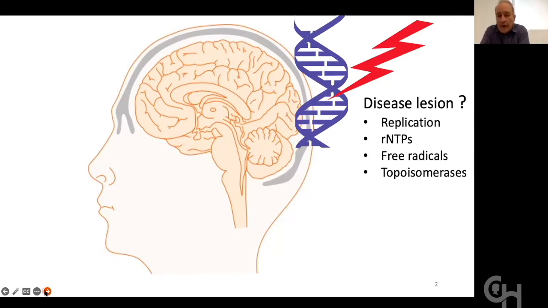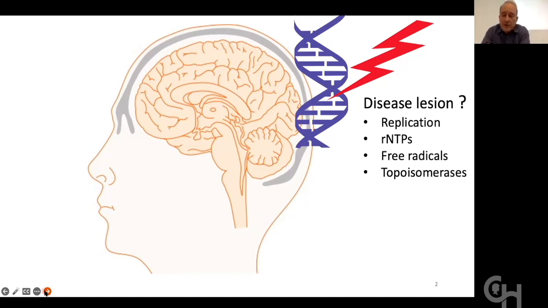When DNA is replicated, errors happen, the misincorporation or the wrong placement of certain types of building blocks of DNA. Free radicals from just general cellular metabolism can cause breaks in DNA. And even fundamental enzymes that are needed for the cell to work properly can also break DNA as part of their normal function.